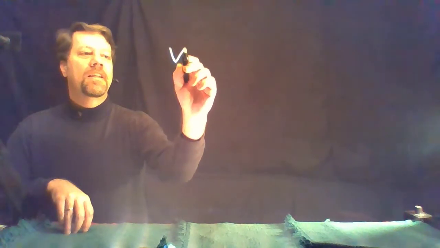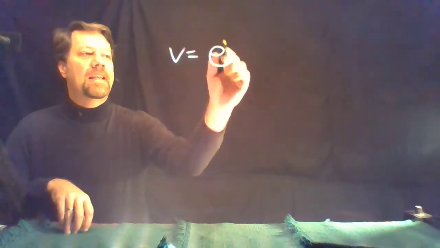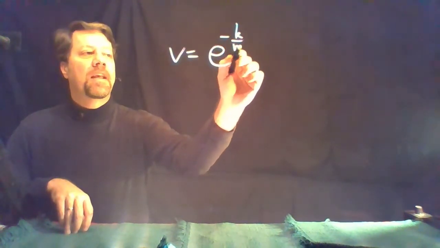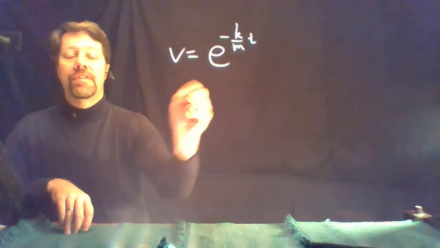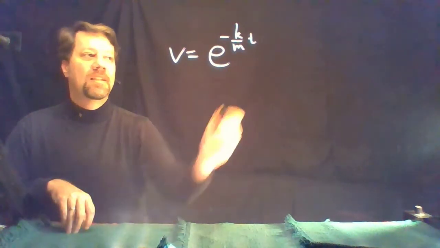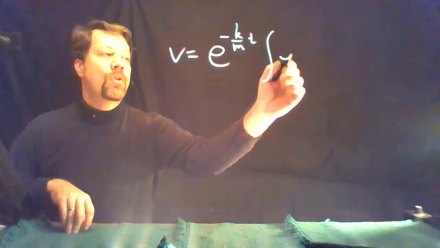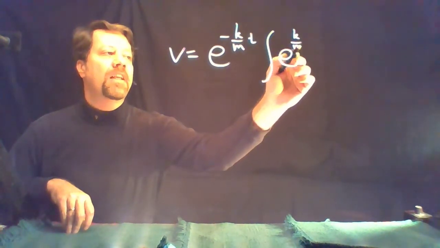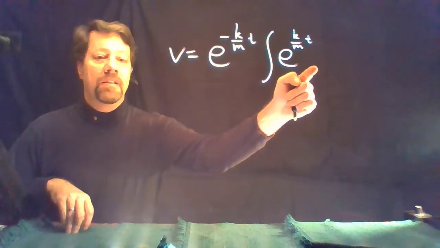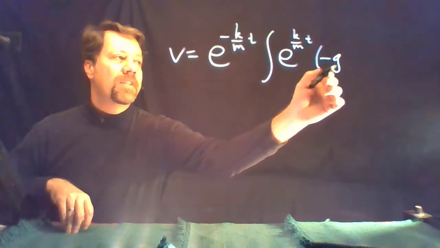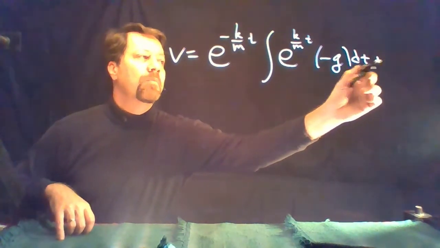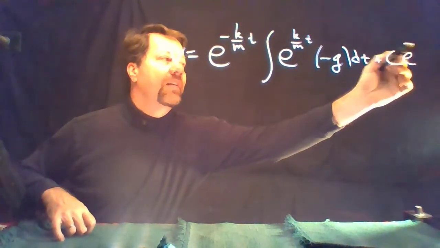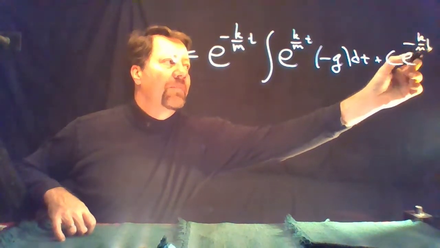The general solution to the differential equation, then, is v equals e to the minus (k/m)t, this is 1 over the integrating factor mu, times the integral of mu, e to the (k/m)t, times q, which in this case is minus g, plus a constant times e to the minus (k/m)t.